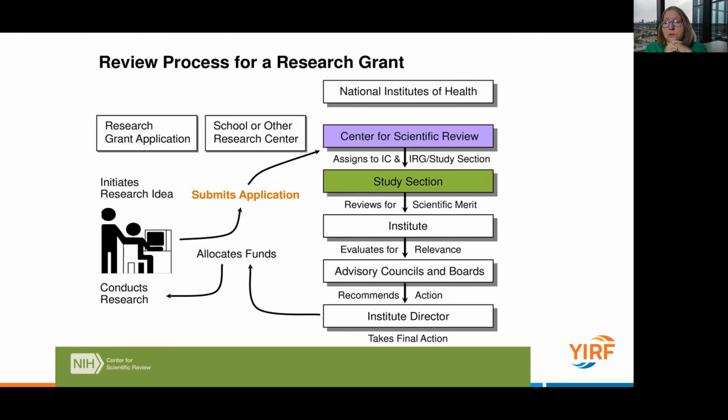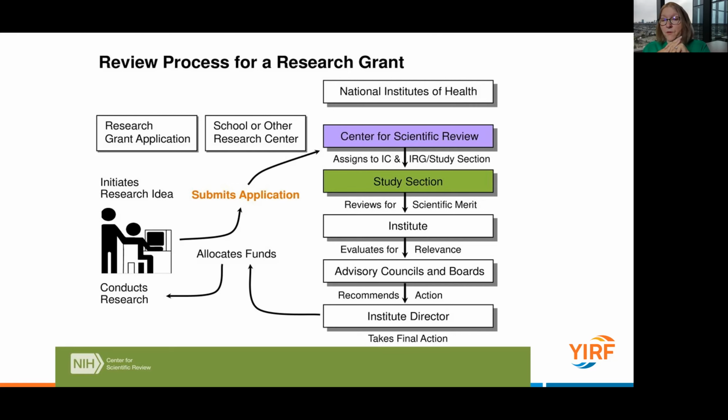These then get used by the Institute, for example, the National Heart, Lung, and Blood Institute or the National Institute of Mental Health, and they will use your score and percentile to determine whether your grant is fundable in terms of its priority score, as well as its alignment with the institute goals.